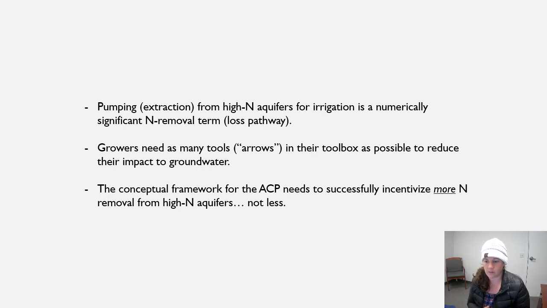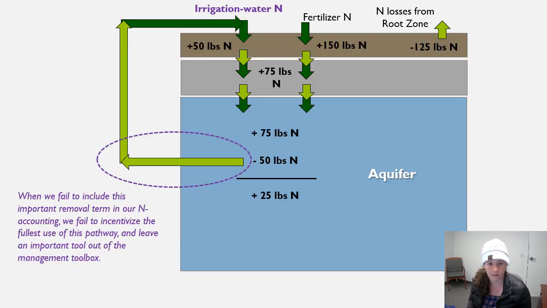And I know that's not the thought process we want them to have, but that is the thought process that the A-R equation as it's currently written evokes, and that's a problem. When we fail to include this removal term in our nitrogen accounting, we may be failing to incentivize the fullest use of this pathway, and that would be leaving an important tool out of the management toolbox.